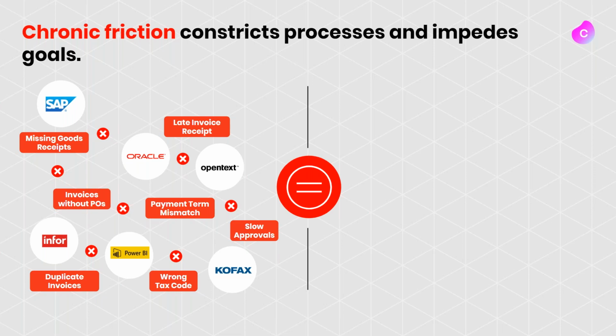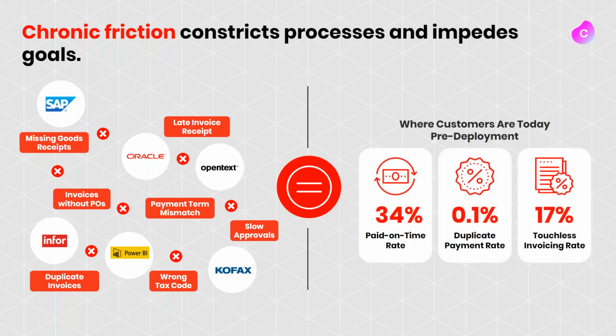But we can multiply this with the overall AP spend, and then that's actually quite significant. And we also see that the touchless invoicing rate is significantly below expectations as well. It's around 20%. So 4 out of 5 invoices require some sort of manual intervention.